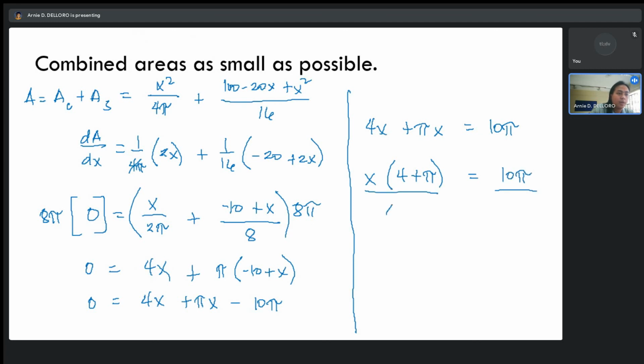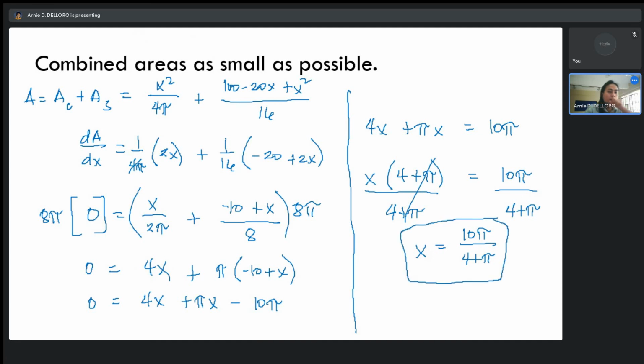Then divide both sides by 4 plus pi. 4 plus pi. So maka-cancel. This will give us the value of x. So we have x is equal to 10 pi over 4 plus pi.